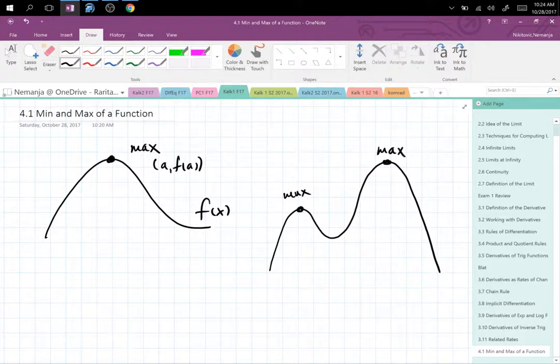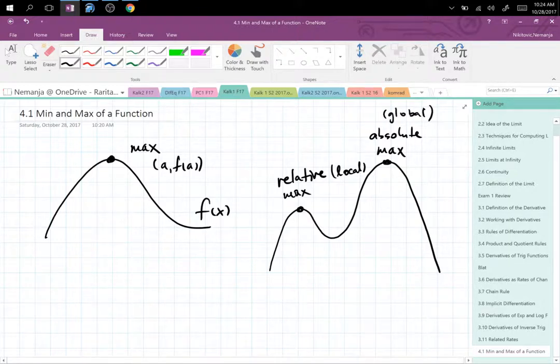So in this case, you have two. Now, this one over here is called relative, also known as local. And this one is absolute or global.